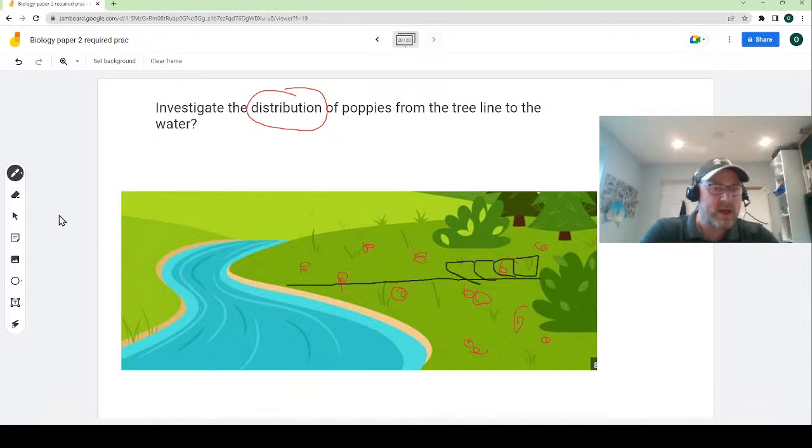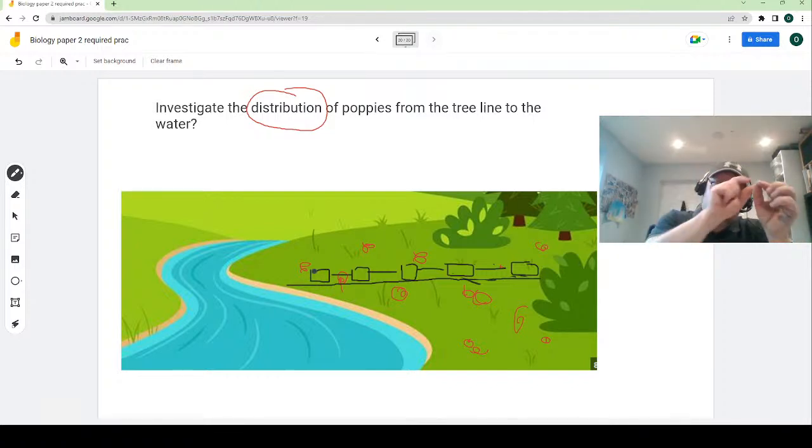Other people do what's called an interrupted one, which is probably the best one to do. You place the quadrat here, then 1 meter, then another quadrat, then 1 meter, then another. So it's not random. You mustn't say put the quadrat randomly. You are placing the quadrats exactly there and then counting up how many poppies are in each.